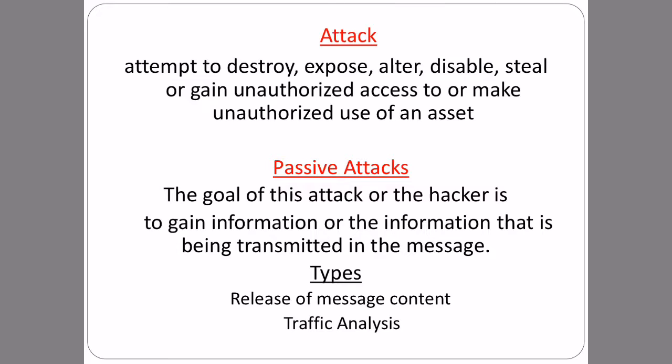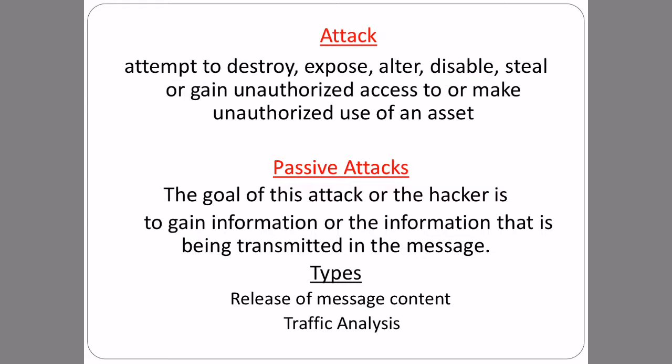The attacker or the hacker is aiming just to gain the information which is present in the message. The attacker is not interested in malfunctioning or misusing of the data. Just by gaining the data, I could come down to some analysis, and that is what a passive attack is.